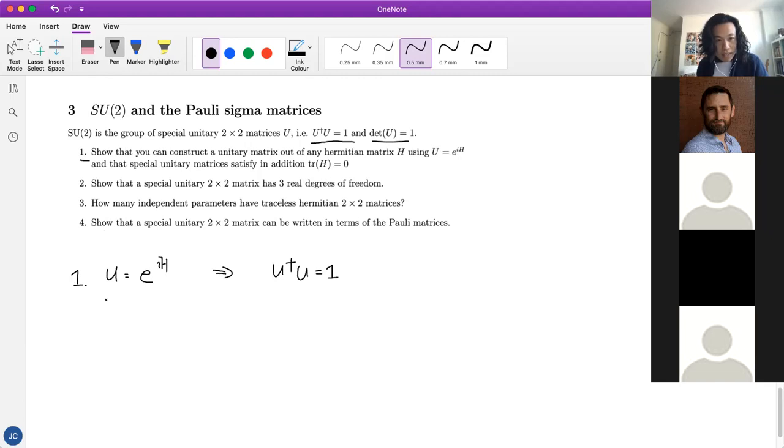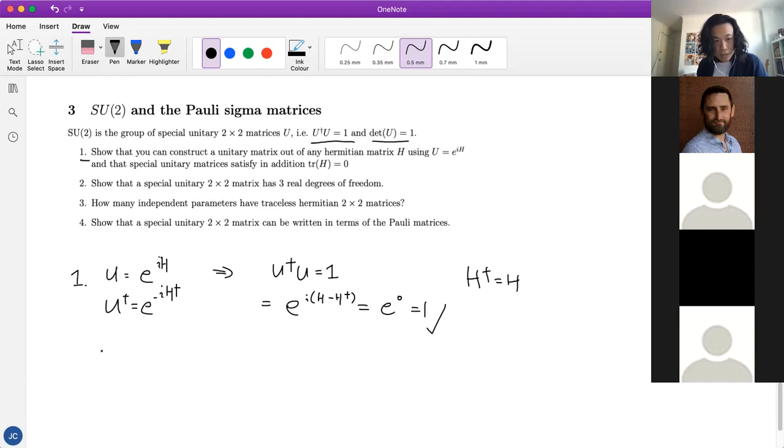U bar in this case is just going to be e to the minus iH Hermitian conjugate. So U bar U is going to equal e to the i(H minus H dagger). Since H is Hermitian, H dagger is equal to H, so this is equal to e to the 0, which is equal to 1. Perfect, that checks out.